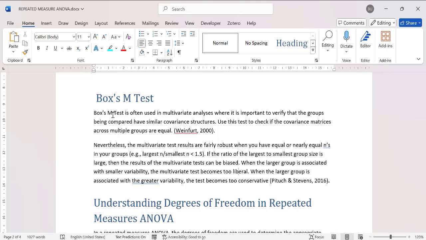Basically, when you have larger groups, even if the Box's M test is significant, you don't need to worry about that.